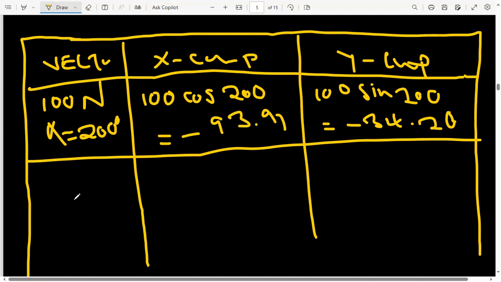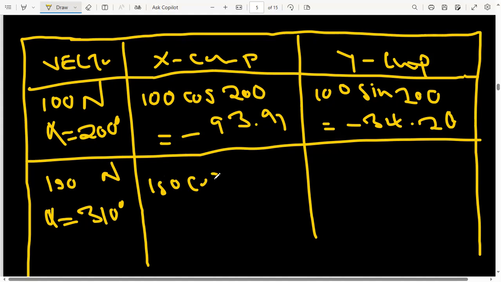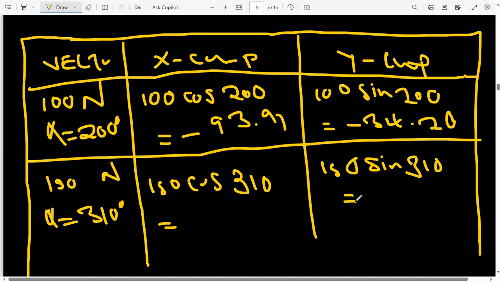And then the second force that we had was 150 newtons, and the angle that we found was 310 degrees. So this would be 150 cos 310 equals, and here we're going to have 150 sine 310 equals.